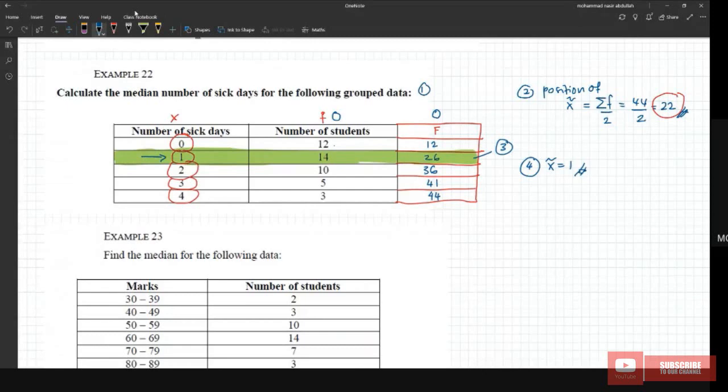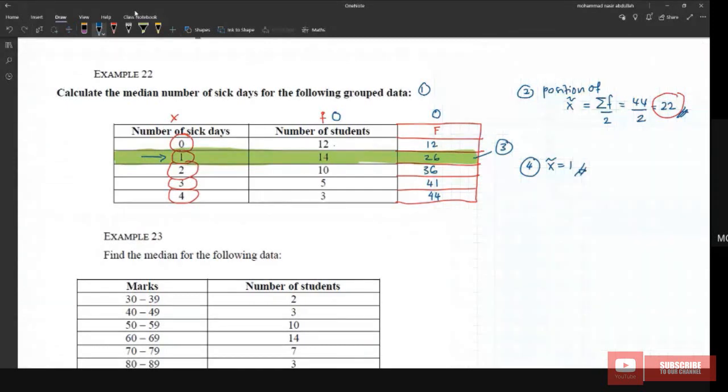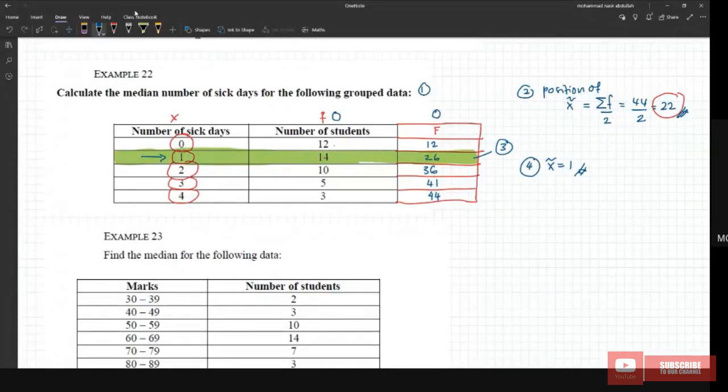How to interpret this? 50% of the students have a number of sick days less than 1, while the other 50% of students have taken more than one day. This should be very easy because we don't need to employ any formula, since in the frequency table we don't have a class size.